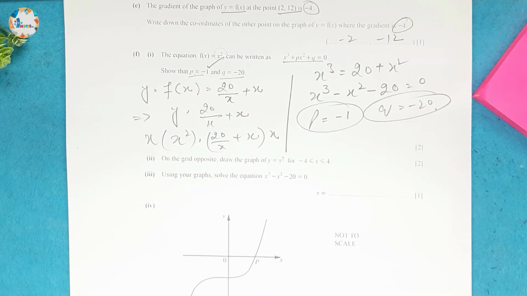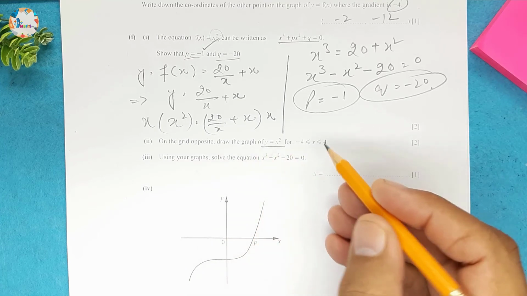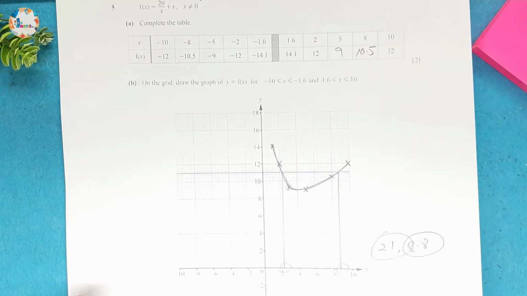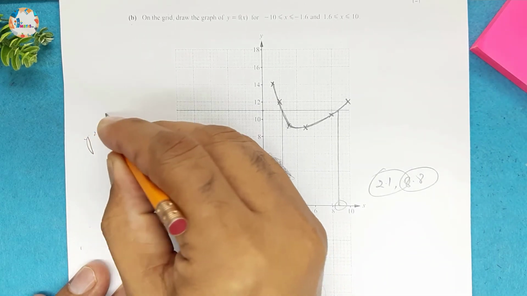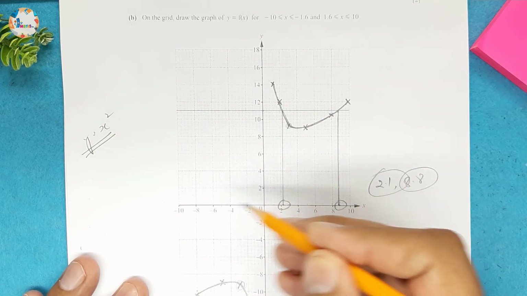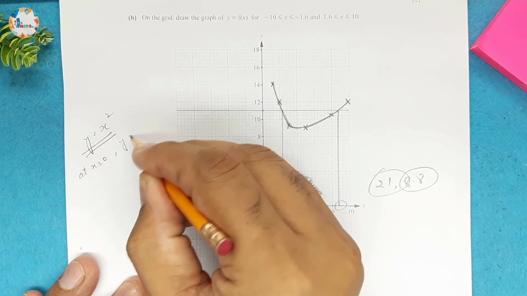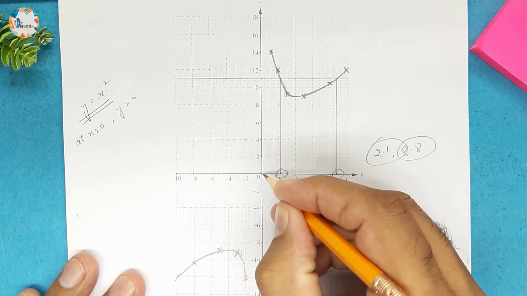Hopefully you understood this. Part 2: on the grid opposite, draw the graph of y equals x squared for x ranging from minus 4 to 4. The grid opposite is over here, so on this grid we have to plot the graph y equals x squared. For x equals 0, y will be 0, so one point will be the origin.